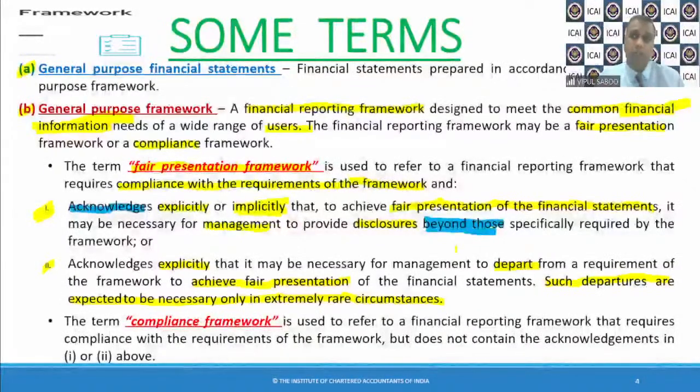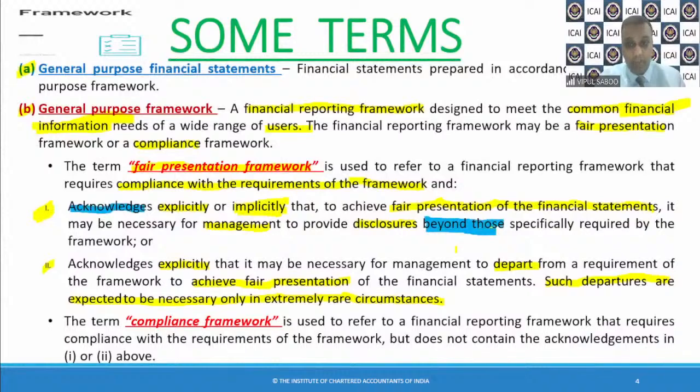But the management feels that no, we want to acknowledge each and every expense separately. They might take the benchmark as 5%. So it is completely fine. If it is giving more fair presentation, it is completely fine.